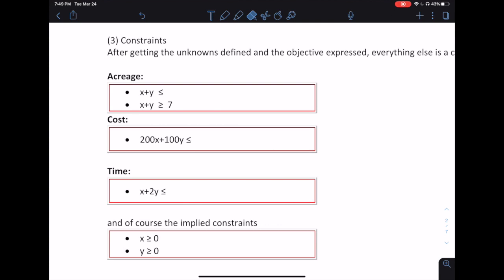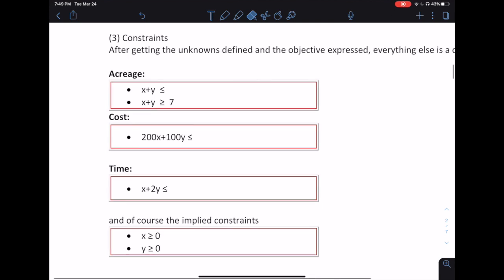So x plus y, the total land that you are using in acres, must be less than or equal to 10. And we also know that the total land must be greater than or equal to 7. So we have two constraints in terms of acreage.